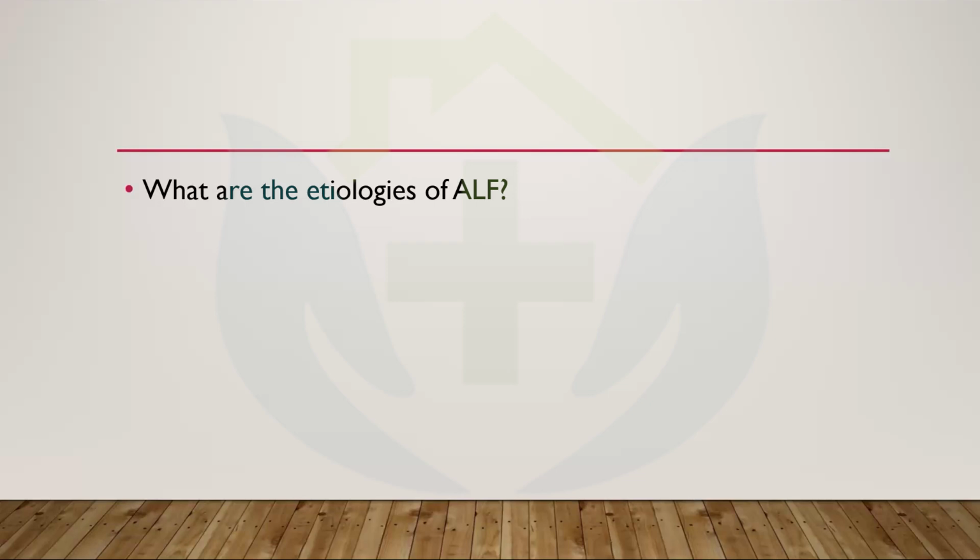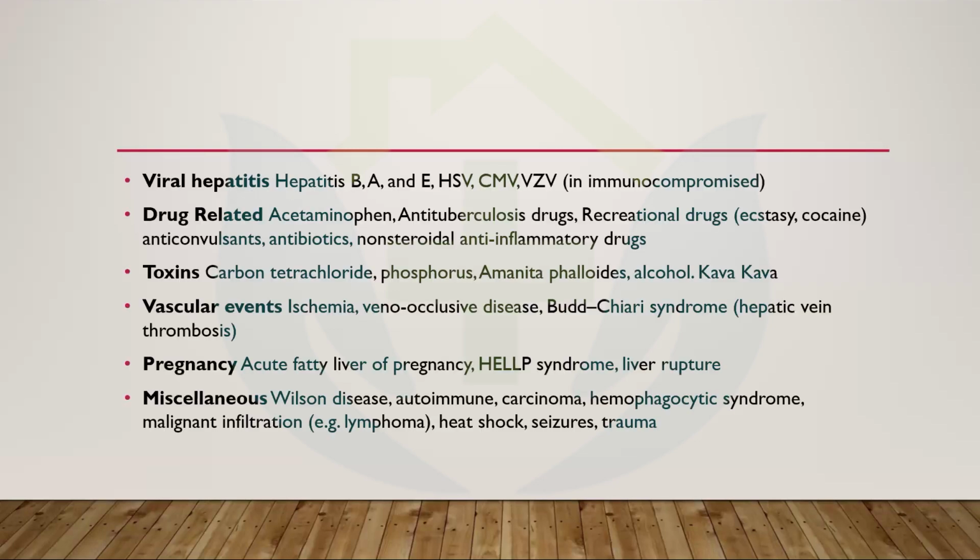They are asking you what the etiologies are. In this, you don't need to say only what is present in this patient. The etiology in this patient is mostly alcohol. He was drinking alcohol, so alcohol is the most common cause. But you have to describe all the etiologies: viral hepatitis related, drug related, toxins, vascular events, pregnancy, miscellaneous.